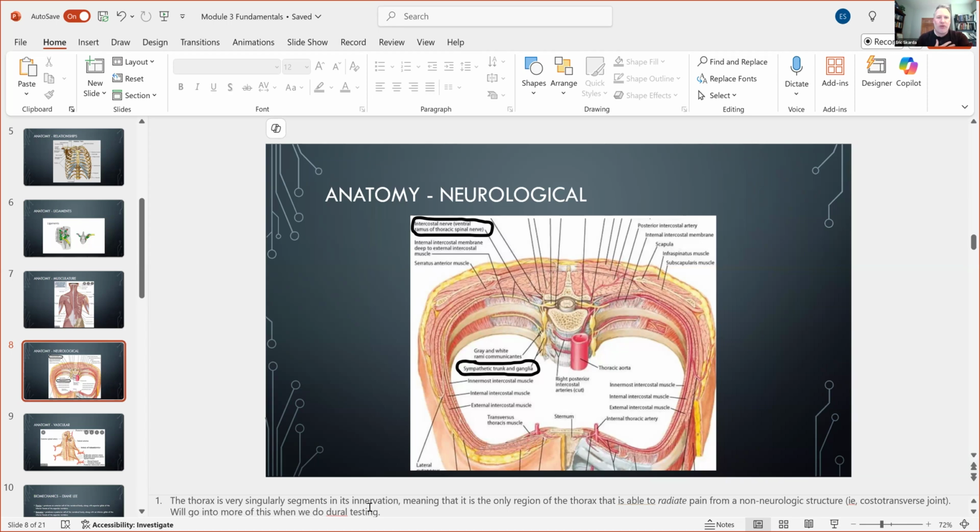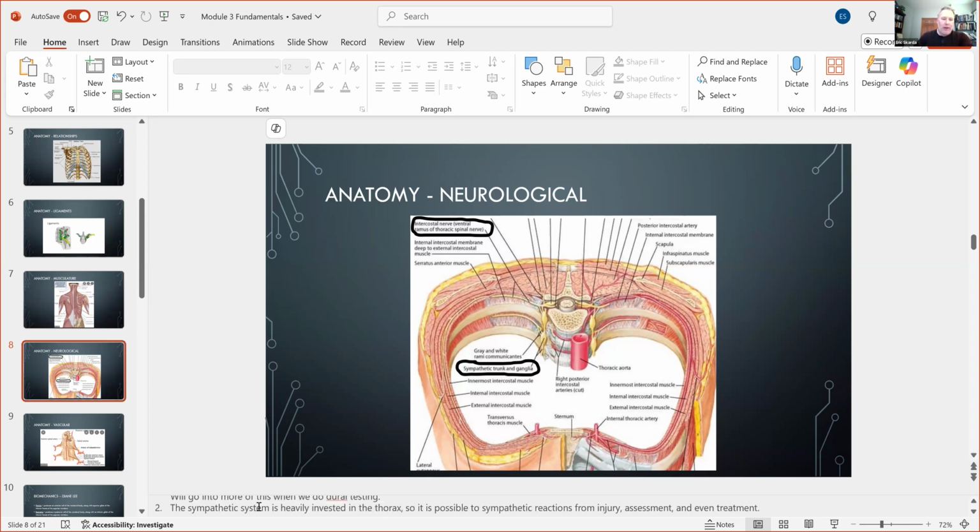So if I move my trunk, I can get zing, radiating pain that shoots around my trunk because of something like a costotransverse joint lesion. That's something we have to take into consideration, and we'll look at this more when we do dural testing for the thorax. There's a specific way we have to do that.